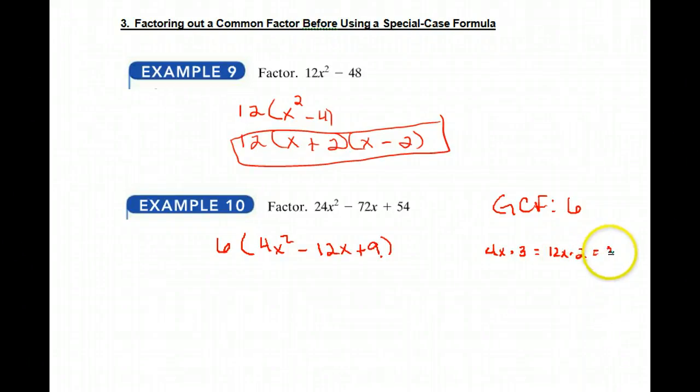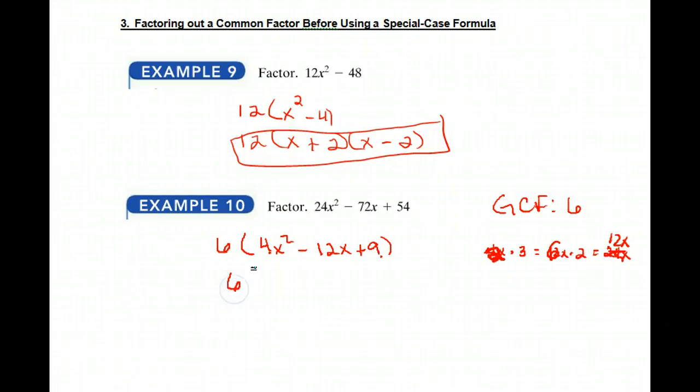Oh, I see my mistake right here. 4x squared's square root is 2x, right there. 2 times 3 is 6x times 2 is 12x. My apologies. Okay, so that means that this is a perfect square trinomial.